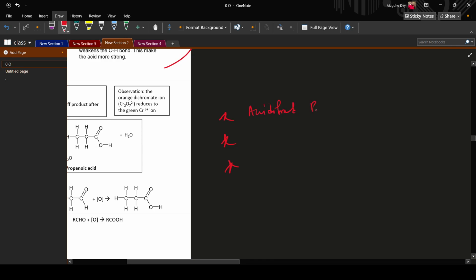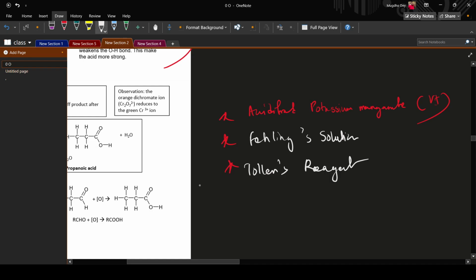Acidified potassium manganate 7, right? Any two more? Very good. That's right. Tollens reagent. You are correct. So along with dichromate 6, these are the four oxidizing agents which you should remember by heart, because these are the four oxidizing agents that you will encounter during your whole A2 course.